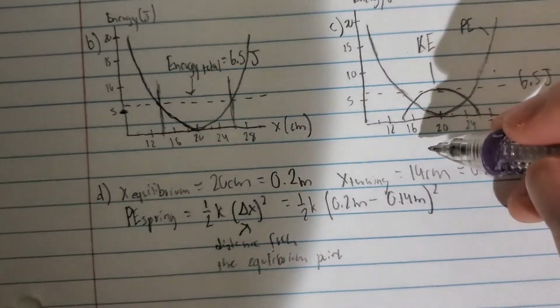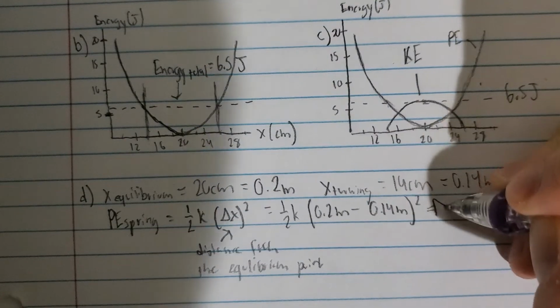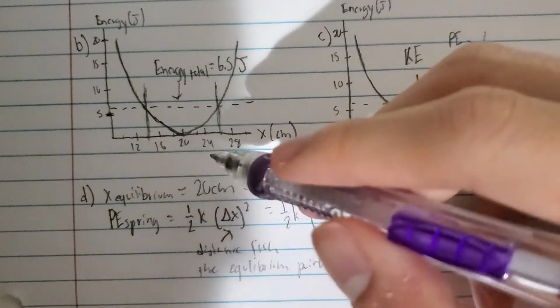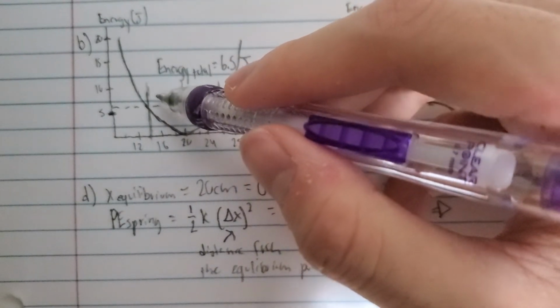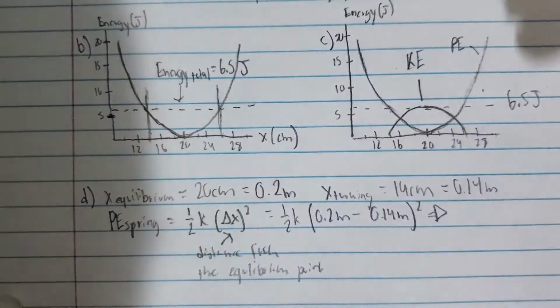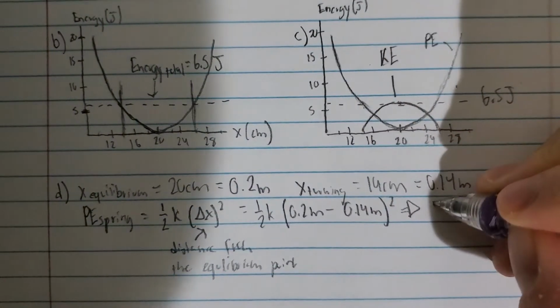So I know that my PE spring max at this point is 6.5 joules. So that is going to replace PE spring.